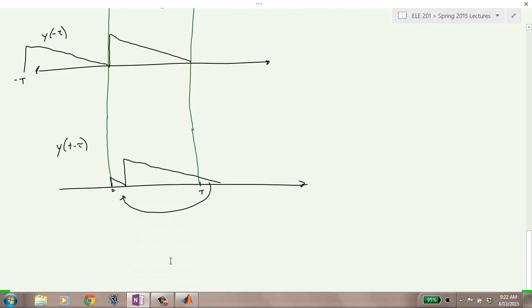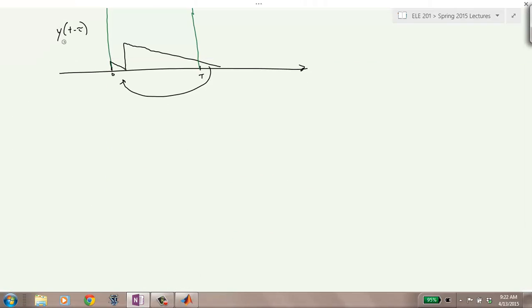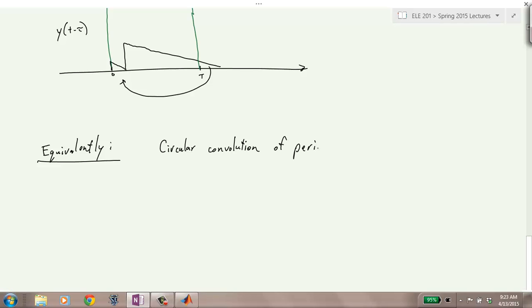As I said a minute ago, this is all equivalent to defining the periodic extensions and doing circular convolution on the periodic extensions. There's maybe one more way I can think of circular convolution of finite duration signals.